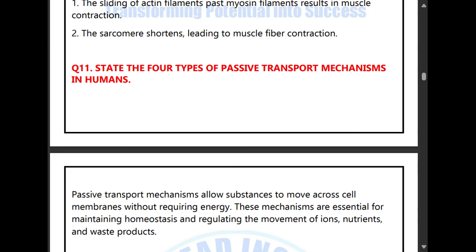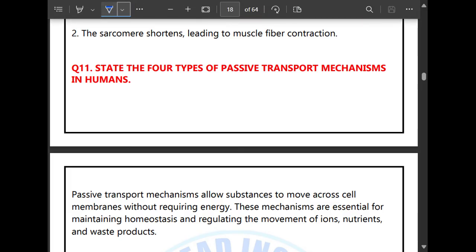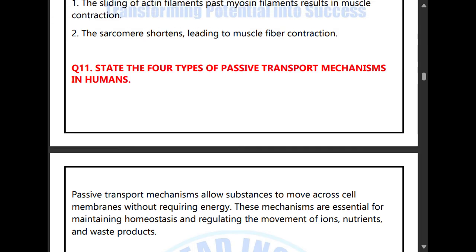If you watched our recorded lecture on transport across the cell membrane, then you are able to answer this particular question. The question can be given to you as: state the four types of passive transport mechanisms in humans.